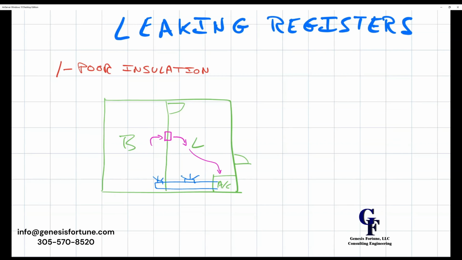I see some houses, some apartments where they do the installation of the AC. They have what seems to be good supplies, but guess what? There is no return. So what happens is that all the air that goes through this duct into the bedroom, the majority of it tends to stay inside the bedroom. So there is no good circulation of the air coming back.